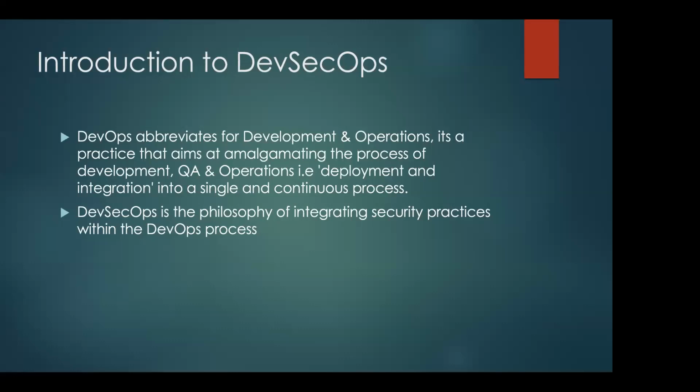If we remove the security part, that constitutes DevOps. If we add security here, this is nothing but DevSecOps. You can go through the slides. I will be just briefly explaining all the concepts here.